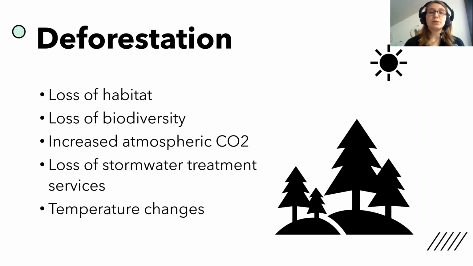So deforestation plays a really big part in having stable ecosystems that continuously keep on giving all of these services to us. And unfortunately, even if we cut down trees and replant them, they're never going to sequester as much carbon as an untouched forest.